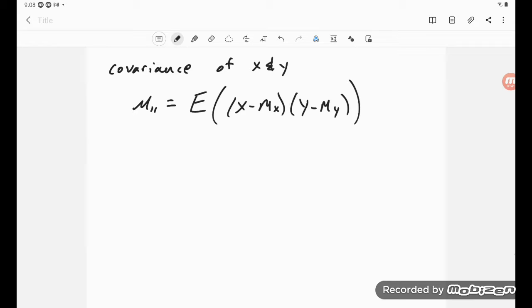And it turns out that you can multiply that out, right? This is the expected value of x times y minus my times x minus mx times y, and then plus mx my.